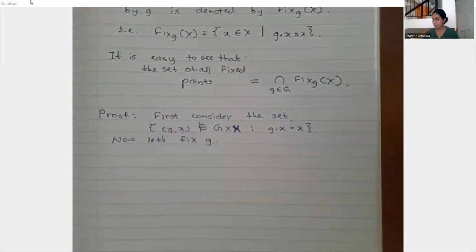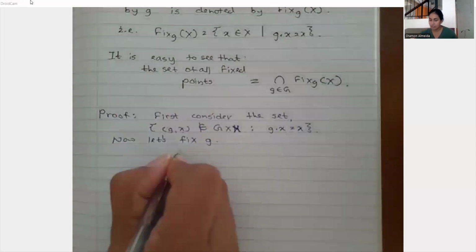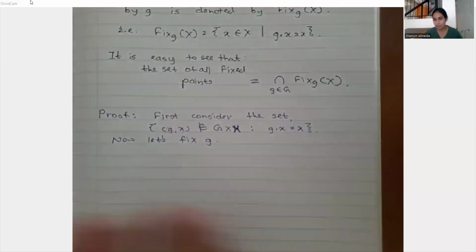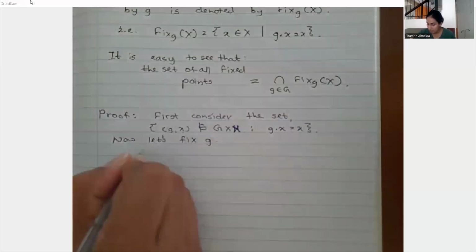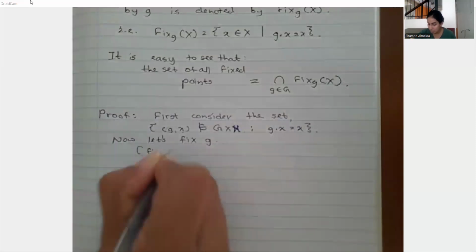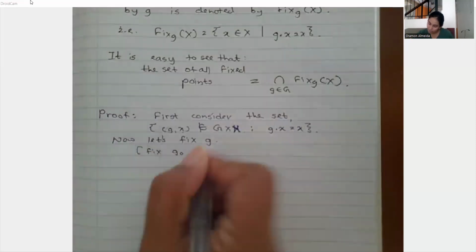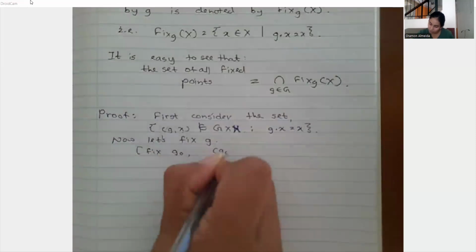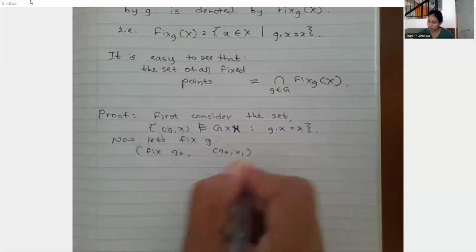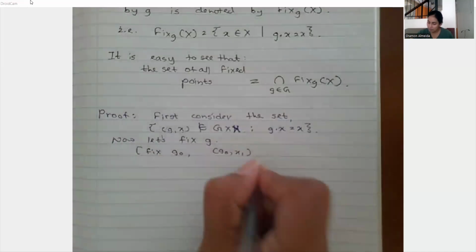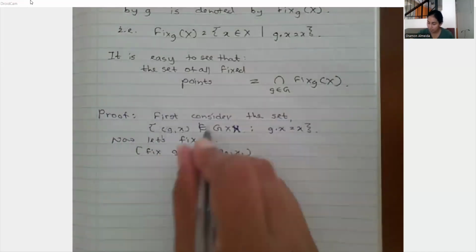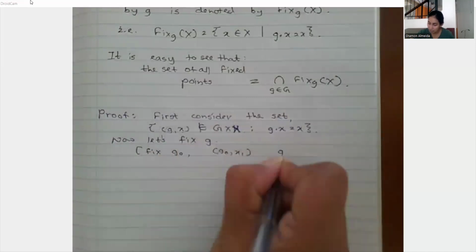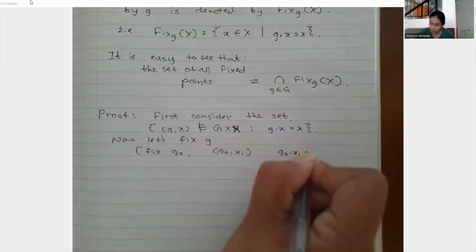This is an example for you all to understand, not necessarily a part of the proof. For example, if we fix g naught and take (g naught, x1), that will belong in this set. If we take (g naught, x1), which is an element in this set, this means g naught dot x1 is equal to x1.